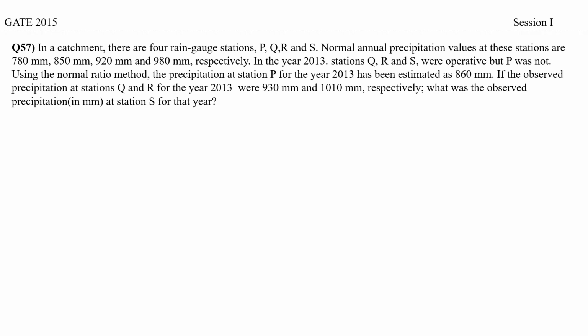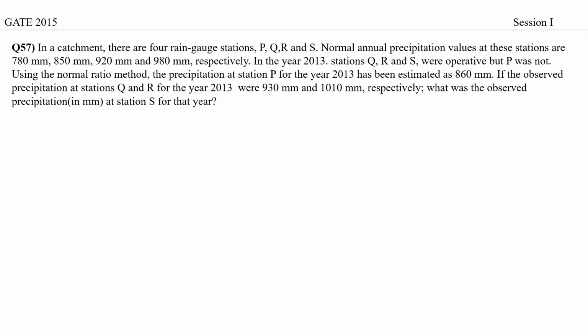Here in a catchment there are four rain gauge stations P, Q, R and S. The normal annual precipitation values at these stations are 780 mm, 850 mm, 920 mm and 980 mm respectively. In the year 2013, stations Q, R and S were operative, but P was not.